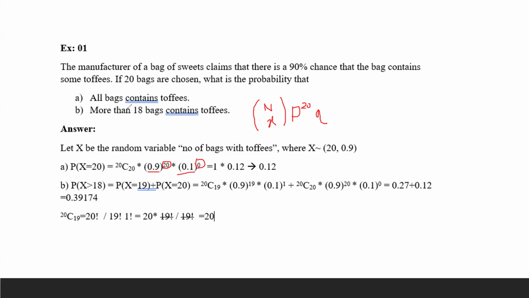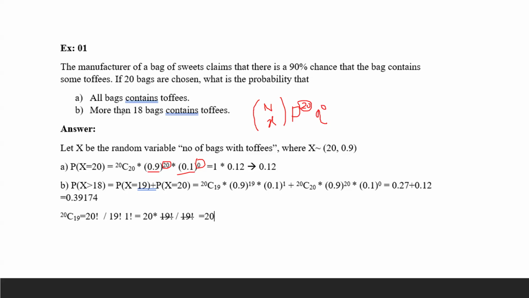The reason is this time all bags contain toffees. How many bags are included in this question? Only 20. 20 minus 20 is 0. Okay, after that you can solve this problem. The final answer is 0.12.